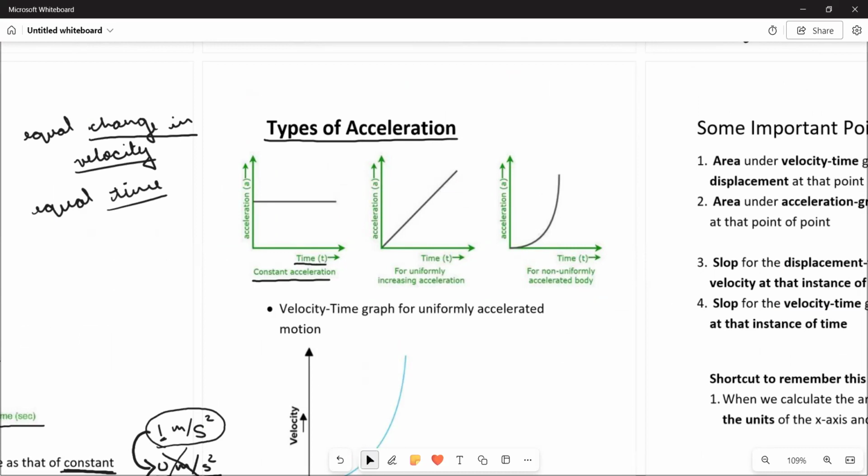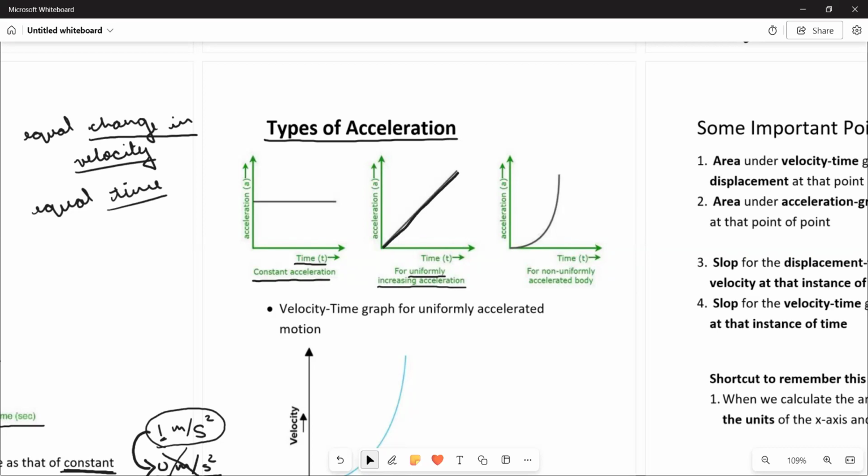Then we will have a uniformly accelerated motion. When the acceleration is going on increasing uniformly, see, it is written over here that for uniformly accelerated motion, the acceleration time graph will be a straight line.